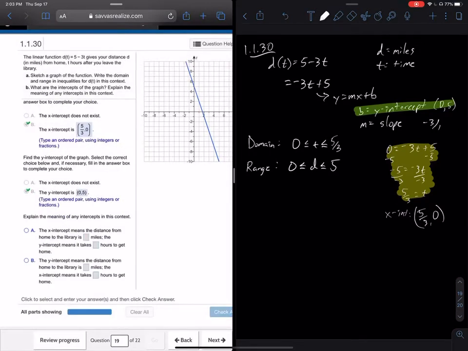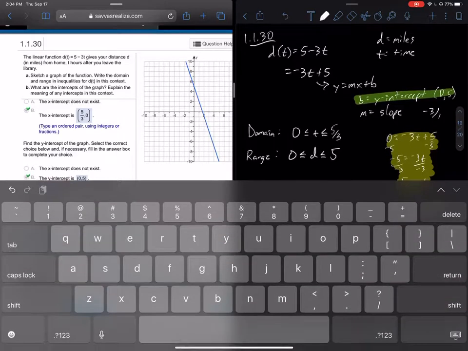And then finally, explain the meaning of any intercepts in this context. So the x-intercept, all right, we're dealing with that, right? The domain, I'm sorry, the time. X values represent time. That's our domain. So the x-intercept means the distance? Well, that's definitely not A. The x-intercept is talking about time in hours. So the x-intercept, part B, means it takes how many hours to get home?